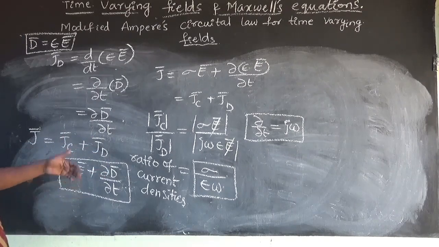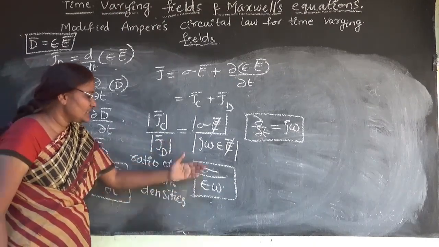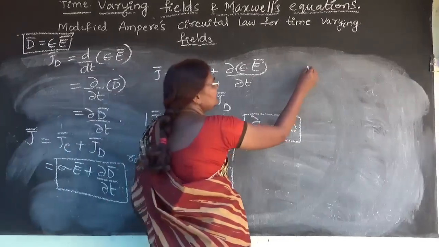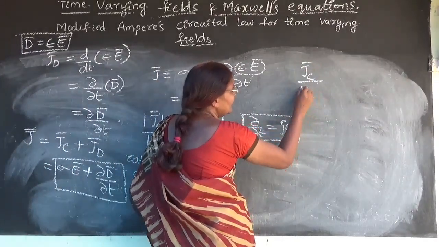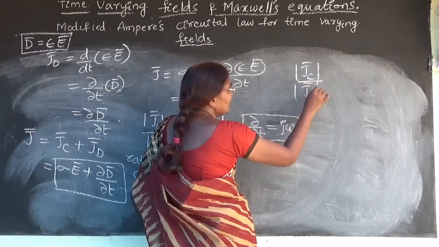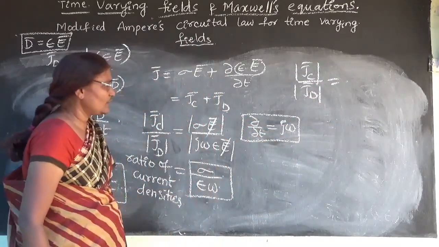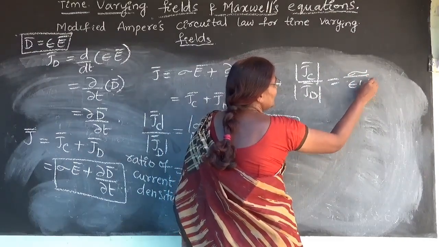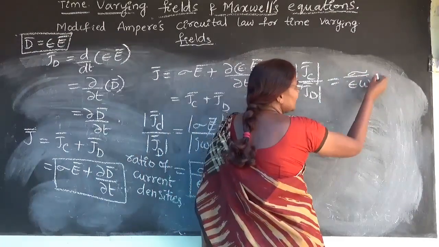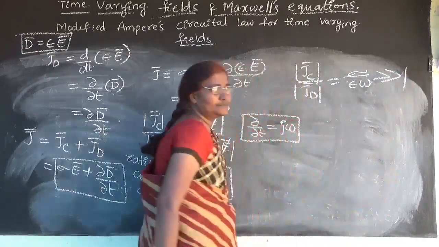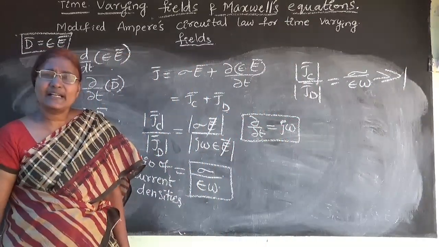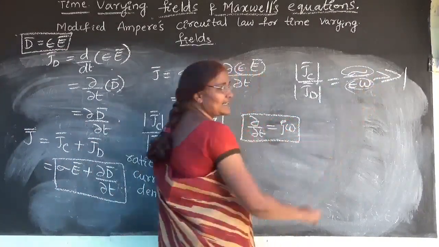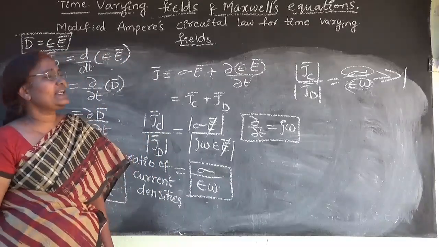So now we will see what the properties of this ratio of current densities are. This is nothing but Jc bar by Jd bar. So the ratio is going to be sigma by epsilon omega. If this ratio is very very greater than 1, when will it be so? When the numerator is very much greater than the denominator.